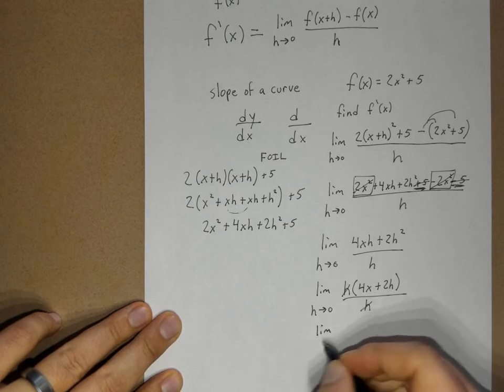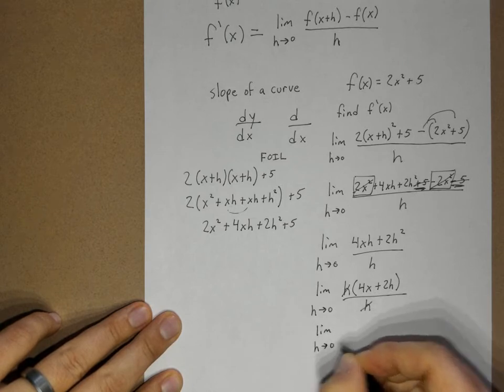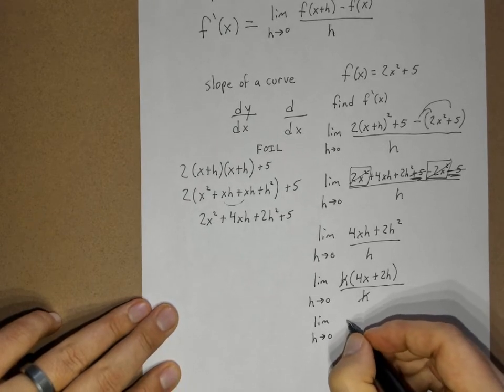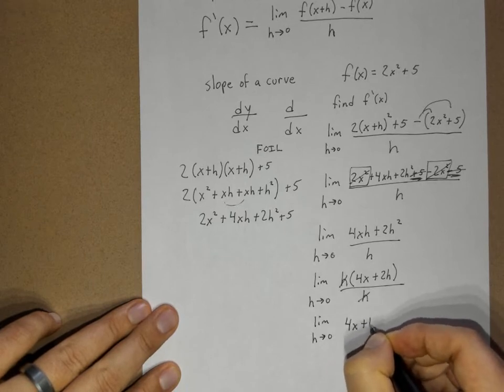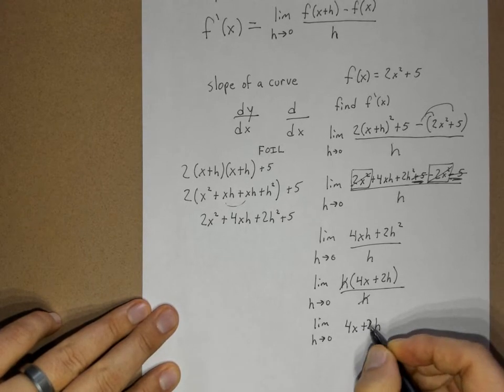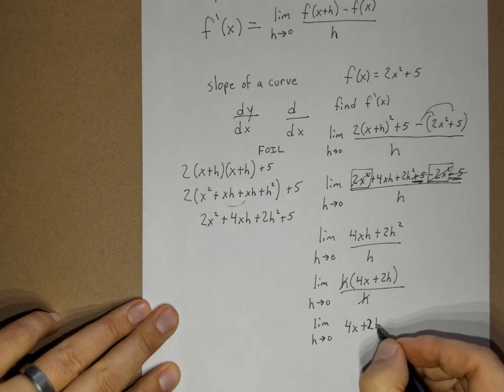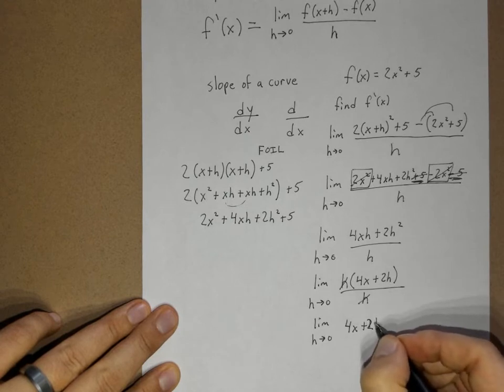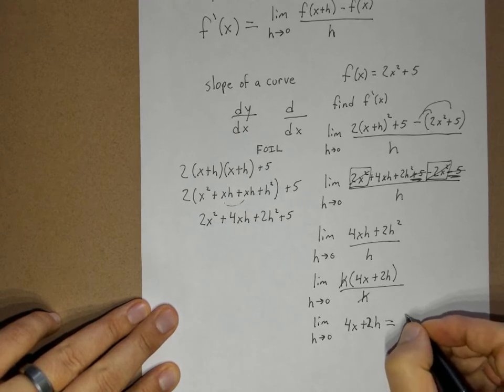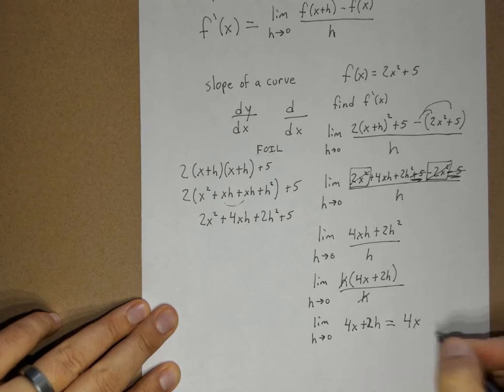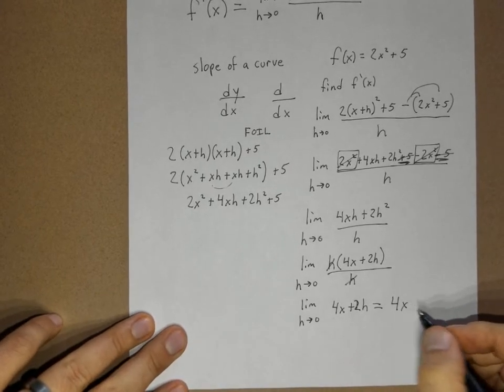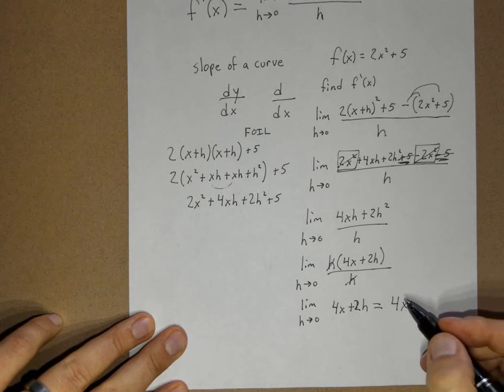So if I have the limit as h approaches 0 of 4x plus 2h, now we're able to substitute in a 0, and we'll have 2 times 0, which is just 0, and so this is going to just equal 4x.